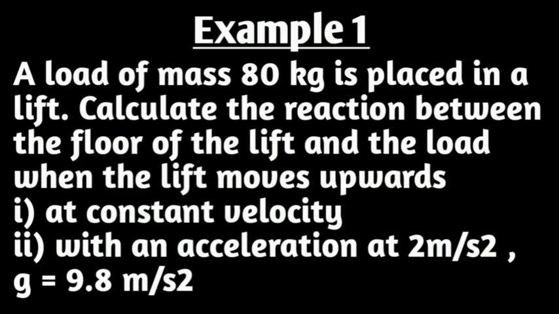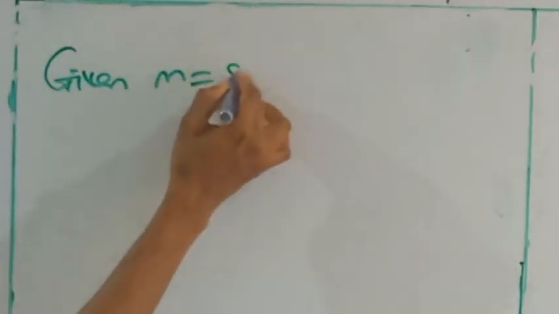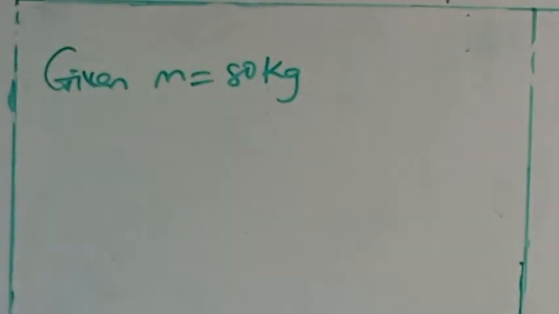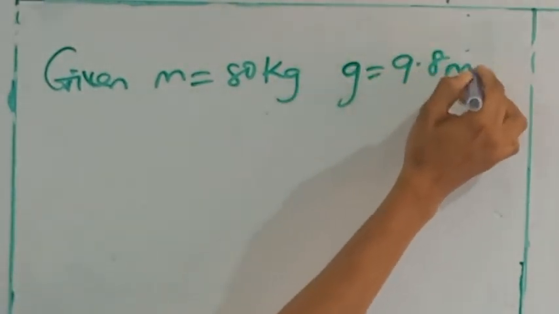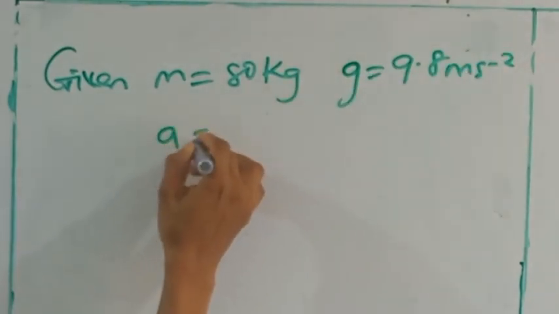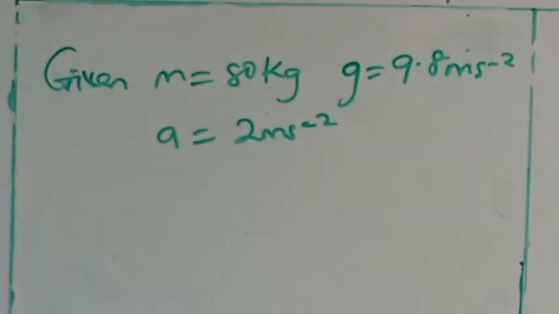Take g to be 9.8 meter per second square. So let's write out everything we are given. We are given that m is 80 kg, that's the mass, g as 9.8 meter per second square and a as 2 meter per second square.